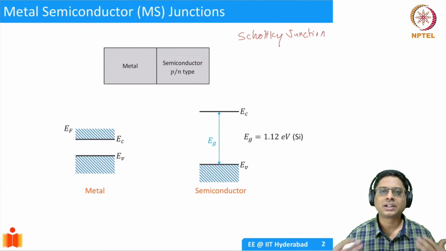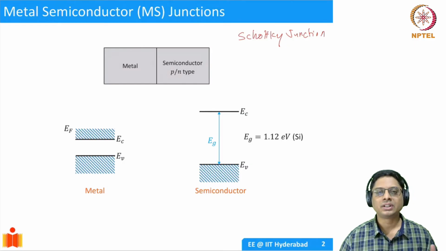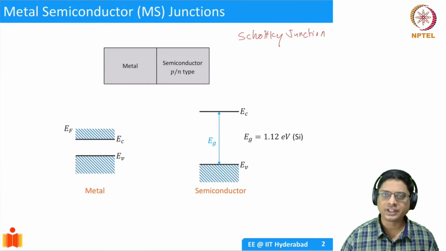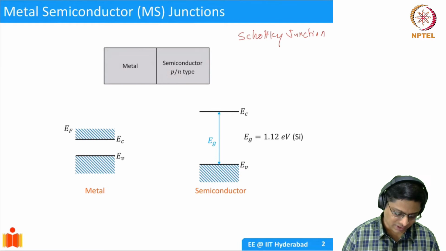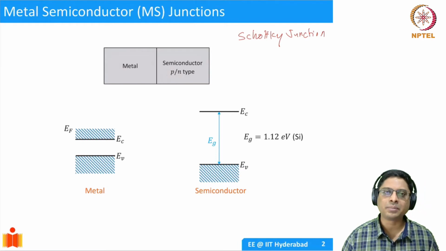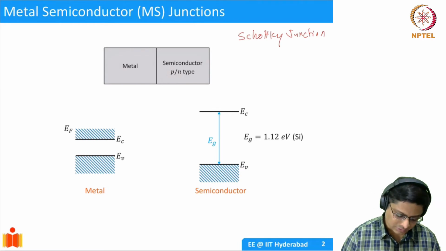Based on our understanding of materials so far, what do we expect when we have an interface, or a junction, between a metal and a semiconductor? We have understood semiconductors in quite a bit of detail, right? We have the valence band and the conduction band, and then there's a Fermi level, which depends on the doping density. What happens in a metal? We said that even in a metal there are going to be bands, but in the case of metals this EG is very small.